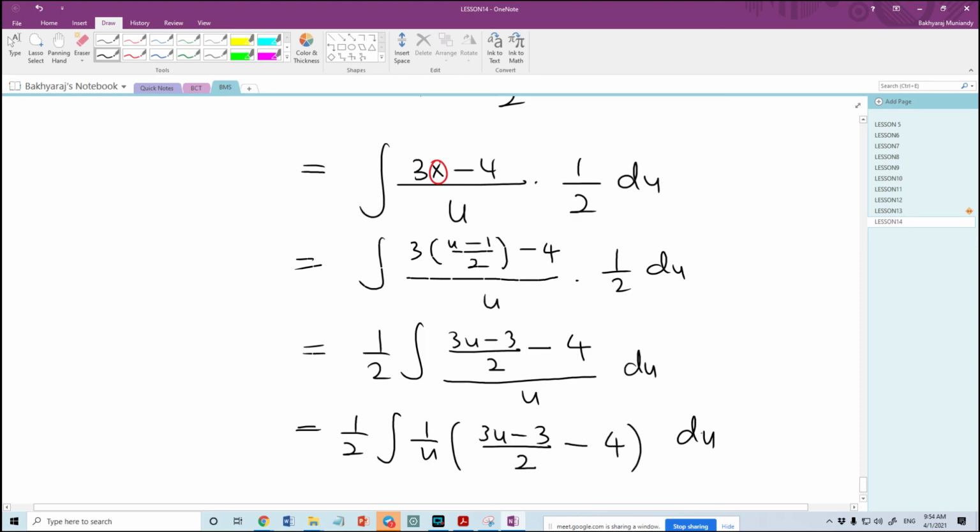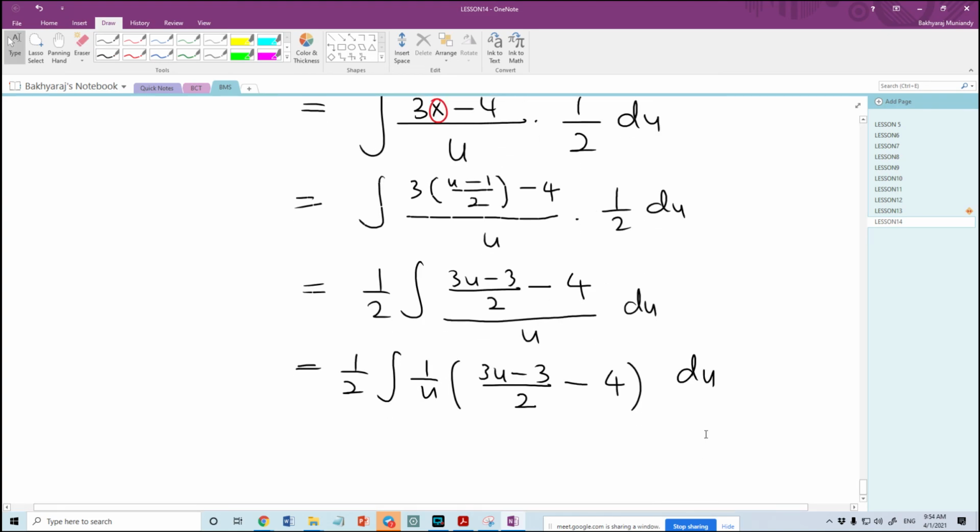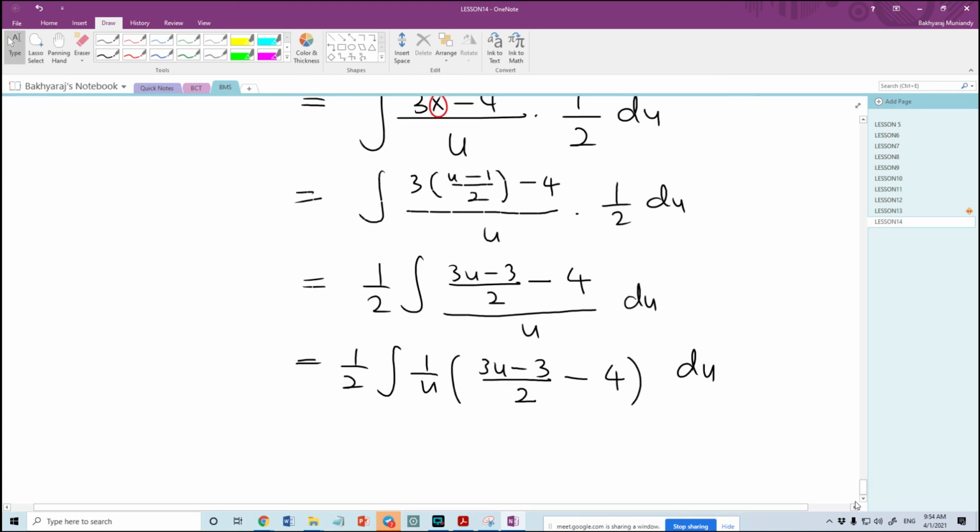See, this is easy to go now. The 1 over u you put as 1 over u, so it is easy to expand. If we expand, it becomes 1 over 2 integrate 3u minus 3 divided by 2u minus 4 over u du.